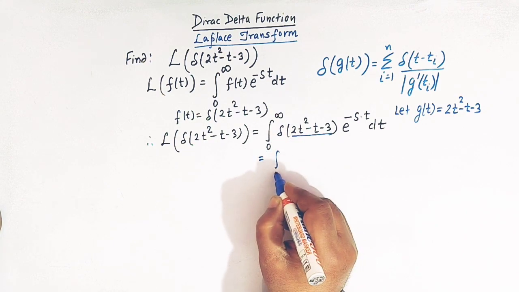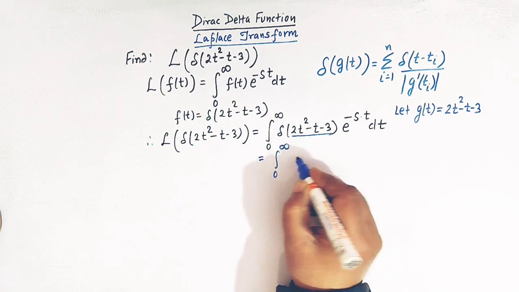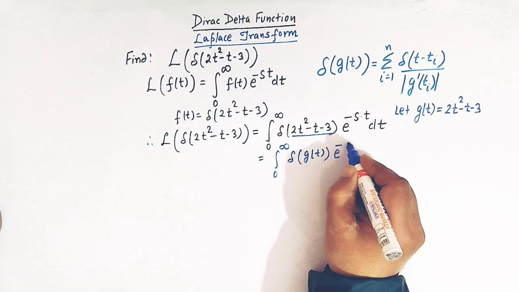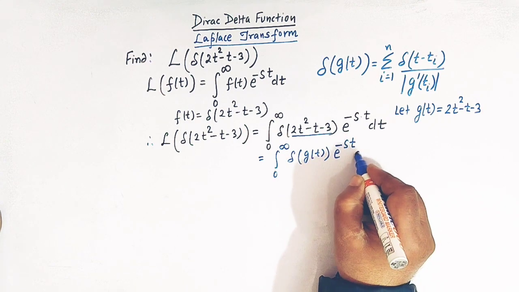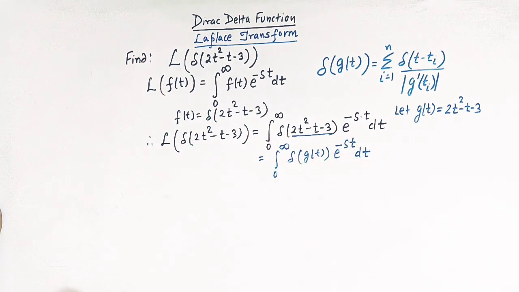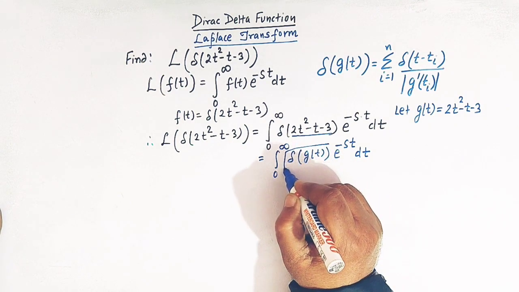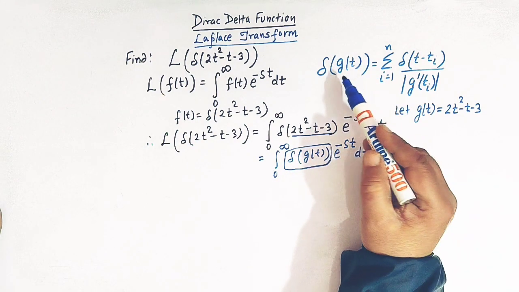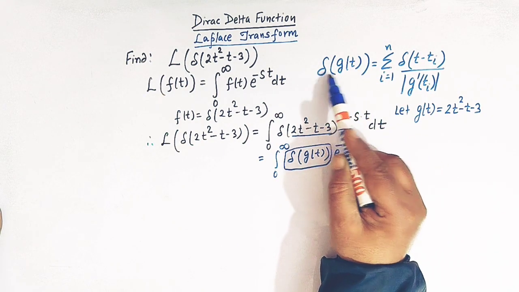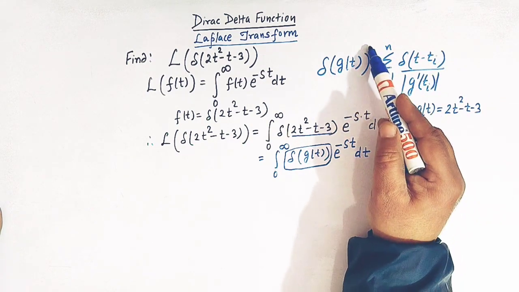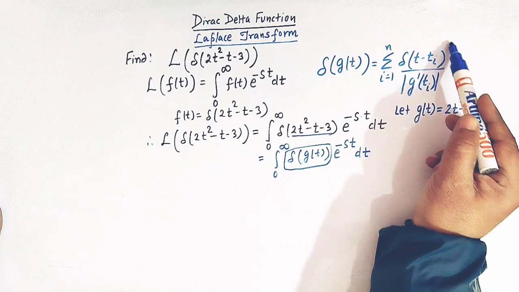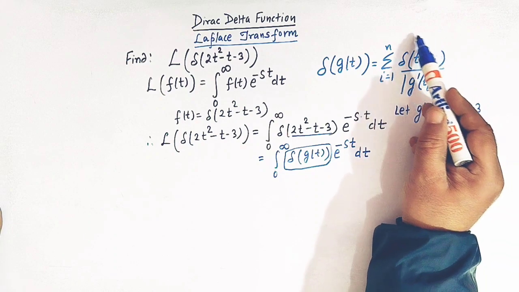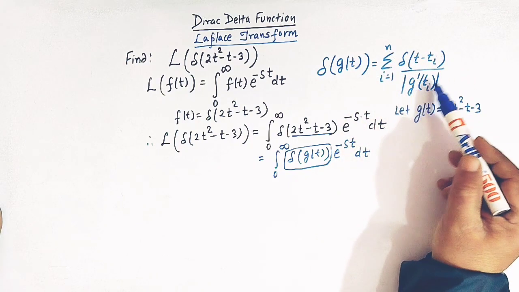Now this integral reads as 0 to infinity delta of g(t) e^(−st) dt. So we have to find the value of this term, delta of g(t), which is given by this expression. Now we will see how we can find the value of this expression.